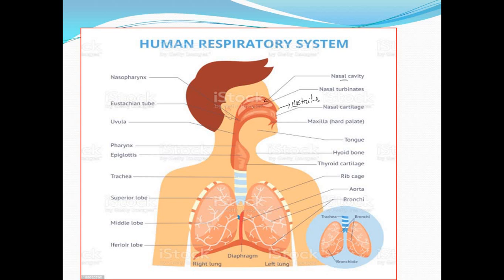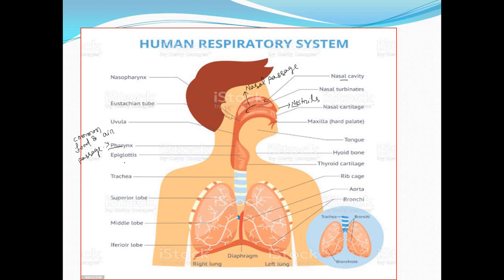Here this nasal cavity leads to nasal passages. Then it enters into the pharynx. Pharynx is the common food and air passage.